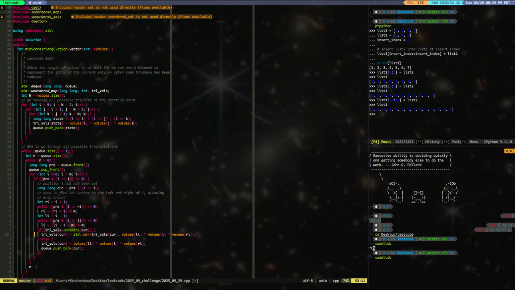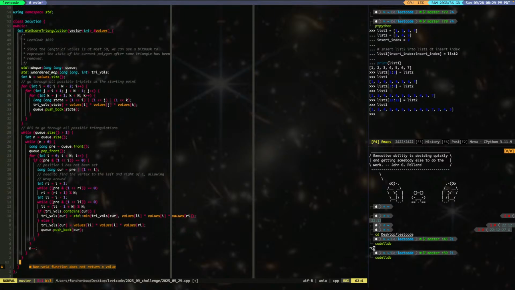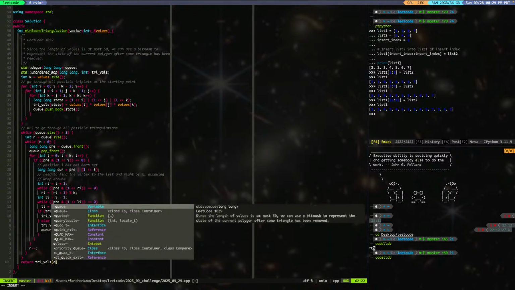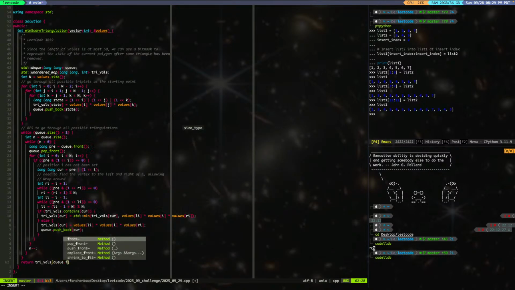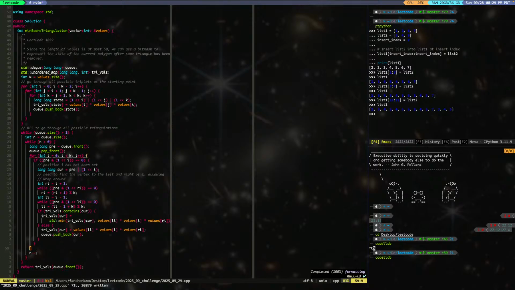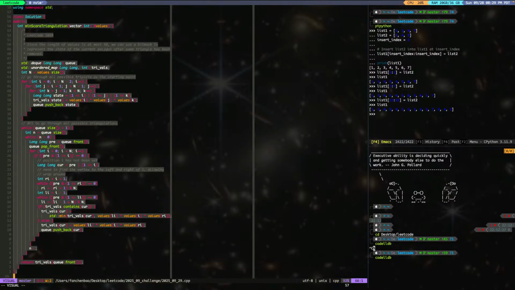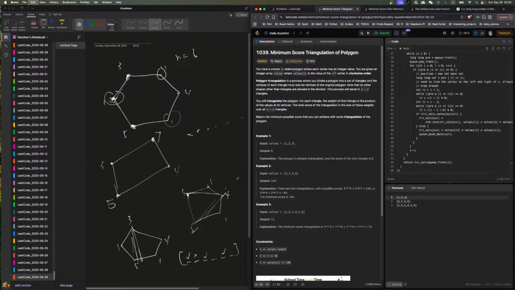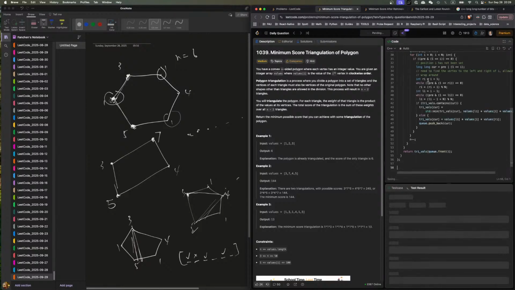So once the Q size equals 1, which means there's only 1, which is the final result, I think I can just return try vals Q dot front. Not sure. It's just pretty shoddy, I feel. Very shoddily put together. Let's see if it works.